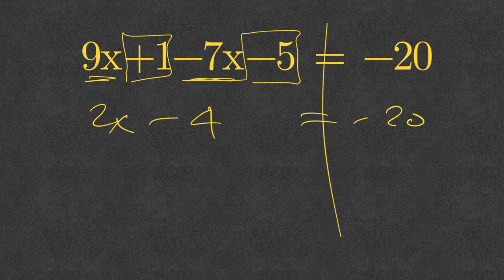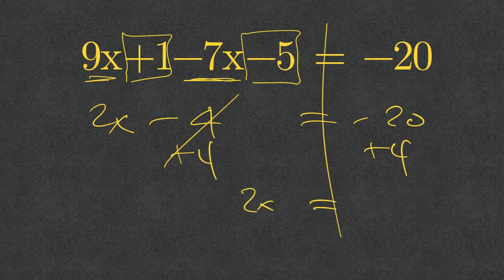Third step on the approach: is there anything I need to add or subtract to both sides right now? Yes. What do I need to do? Add 4. Add 4 to both sides. On the left side, the 4's gone.